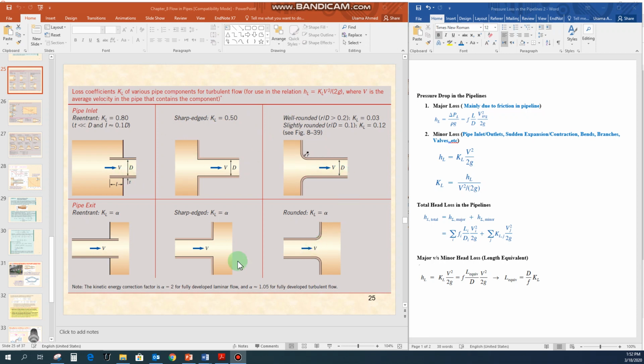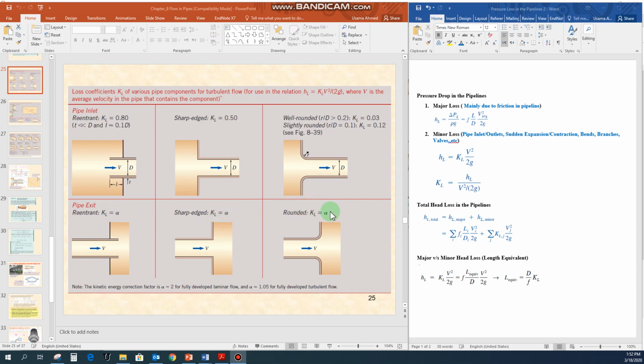Now these six figures are relevant to the systems in which any kind of fluid is coming from the reservoir into the pipeline, or the fluid is going from the pipeline into the reservoir. For the pipe exit system, the value for the loss coefficient will be equal to alpha. For the sharp edge systems, it could also be equal to alpha.